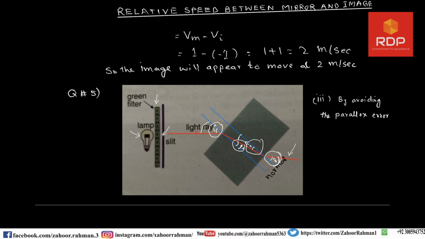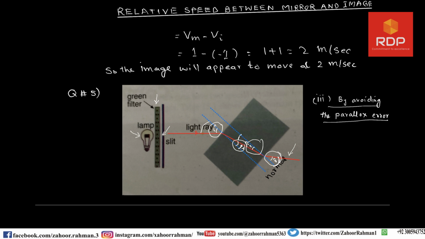The second one, and that is very important, is parallax error. While taking the readings, you have to keep your eye above the measuring instrument, whether that is a plastic or glass ruler or the protractor with which you are measuring the angles.